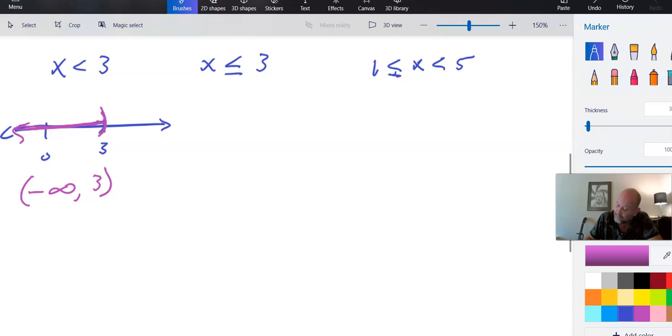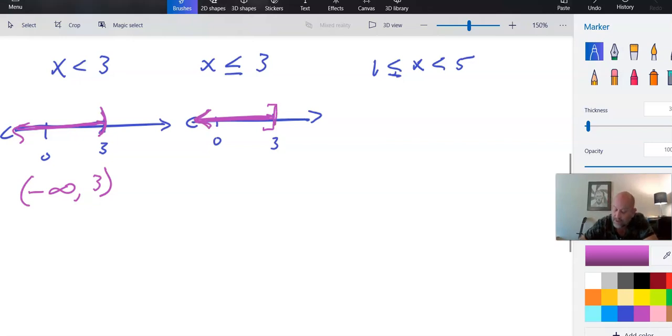Now if we switch this and look at this one here, this one does have the equal to, so same kind of business, 0, 3, but with the equal to, we put the square bracket on it and then color it here. So it's everything to the left of 3.